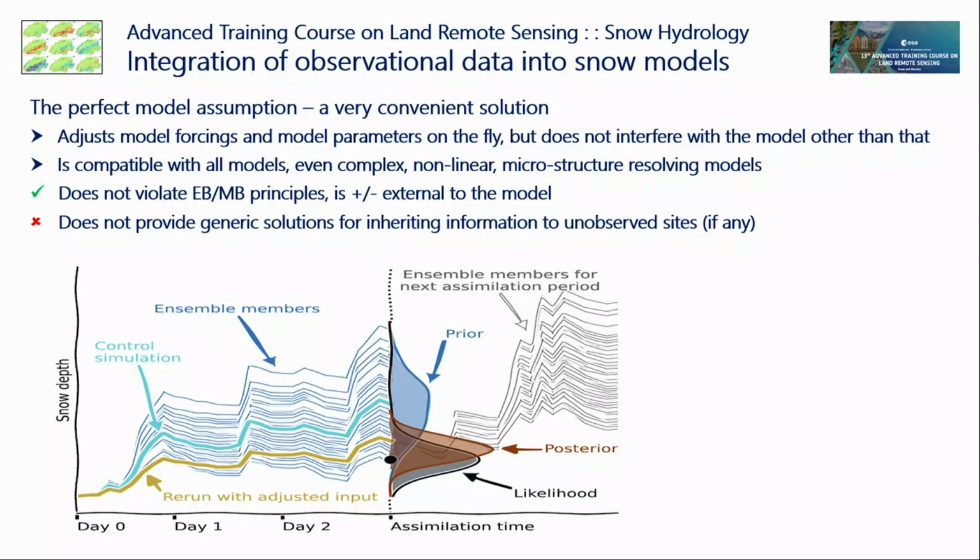So here comes the concept of a perfect model assumption, which is a very convenient solution. The perfect model assumption basically says, okay, I have a model and it does whatever it does, and there are a couple of screws. One screw is the forcing data and the other screws are model parameters. But there's nothing wrong with the model apart from not knowing the exact parameters.